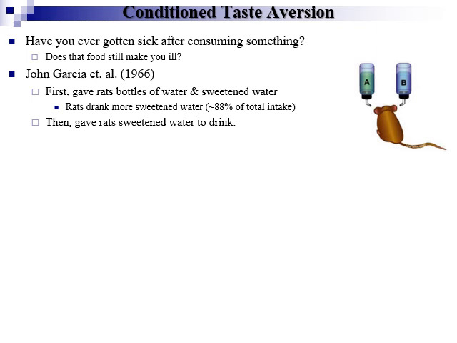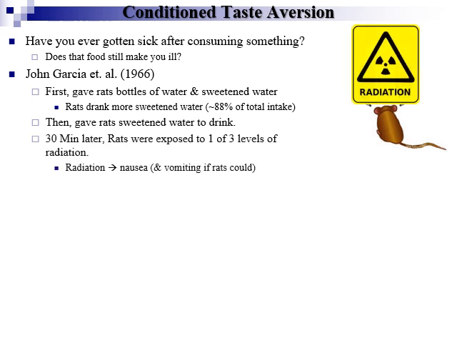Then, on another day, he gave rats the sweetened water to drink, so they only got that water to drink. And then he put them into a chamber with radiation. Radiation causes nausea, and if rats could vomit, then they would vomit. But he gave them enough radiation that it would make them sick.